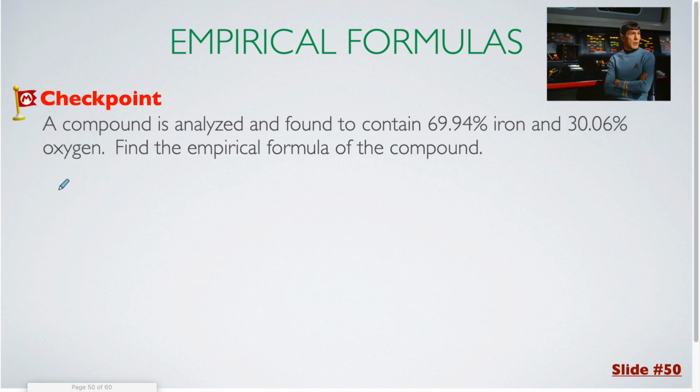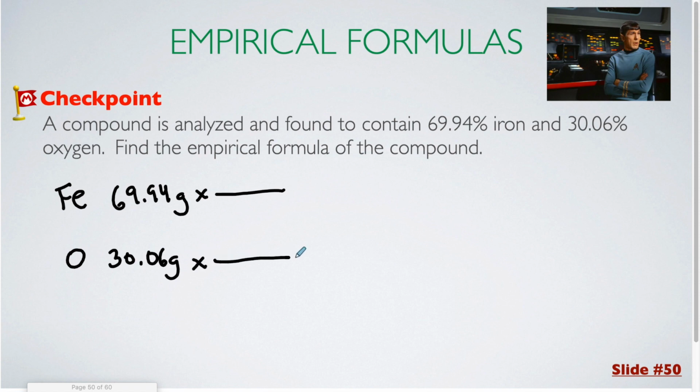For our next question, we have iron and we have oxygen. The mass of oxygen here, they said that we had 69.94%. So again, I'm just going to assume 100 grams, which means that's how many grams I would have. The oxygen is going to be 30.06 grams. Going to do a one-step conversion to moles. Grams on the bottom, moles on top. The molar mass of iron is 55.85. Grams to moles.